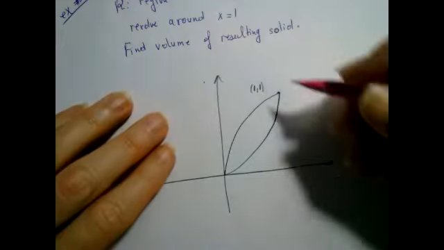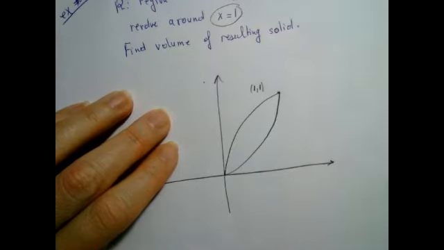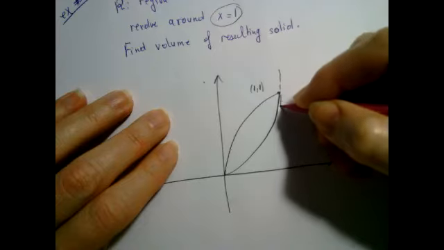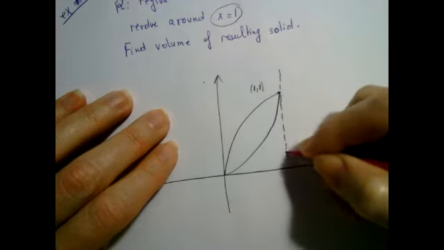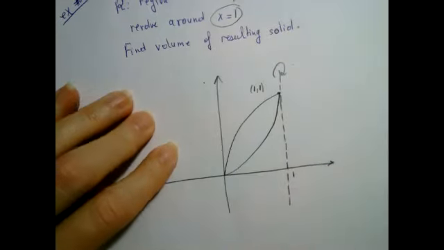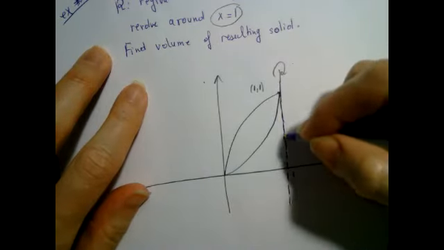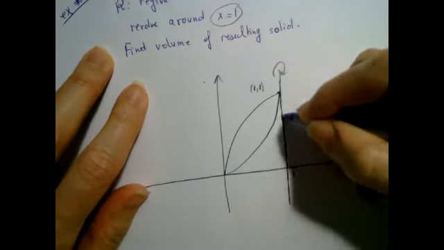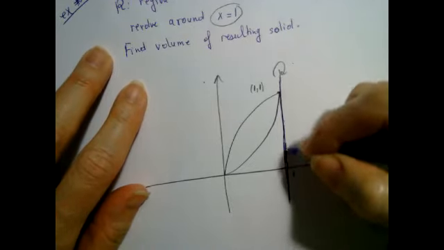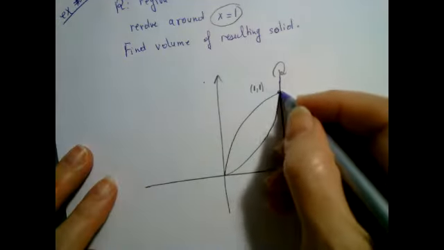And rotating around x equal to 1. So remember, x equal to 1, that's a vertical line. And this is 1. So this is my axis of rotation.